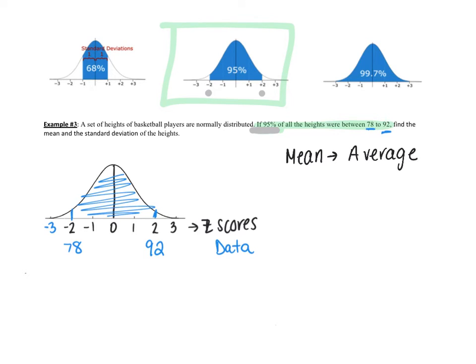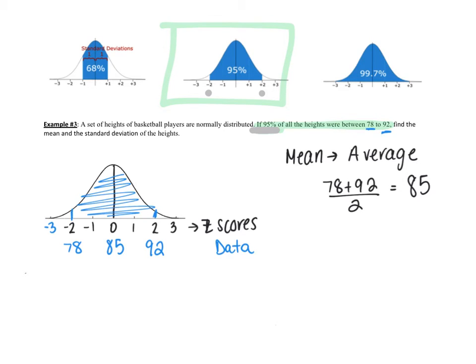So add them up, 78 plus 92, and divide by 2. So go ahead, type that into your calculator, pause the video, and then hit resume when you're ready for the answer. Okay, I got 85. So that tells me that my mean is 85.